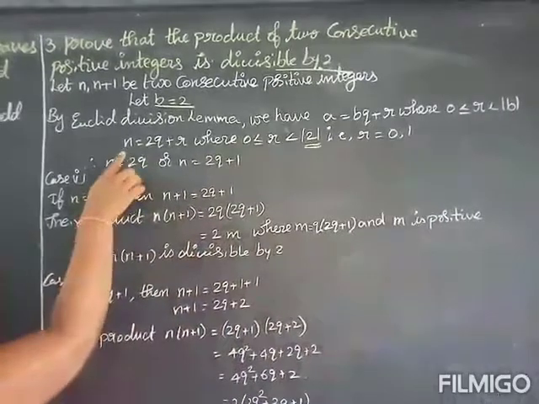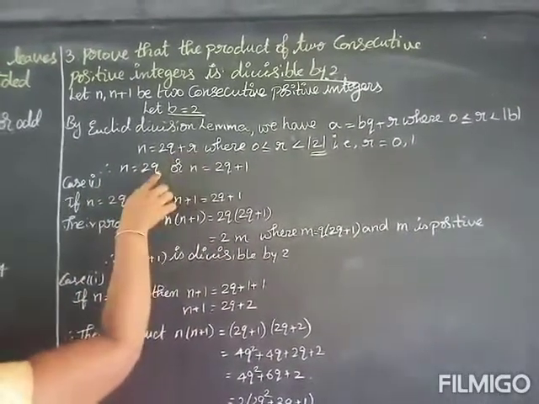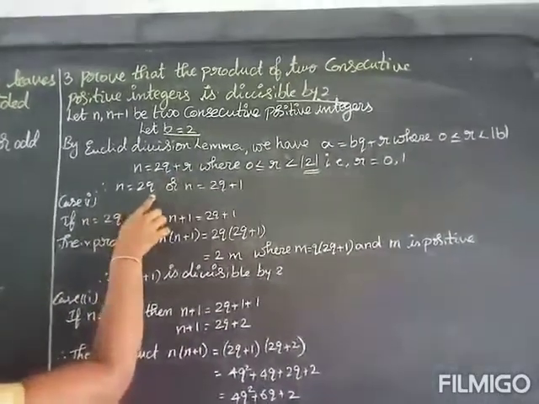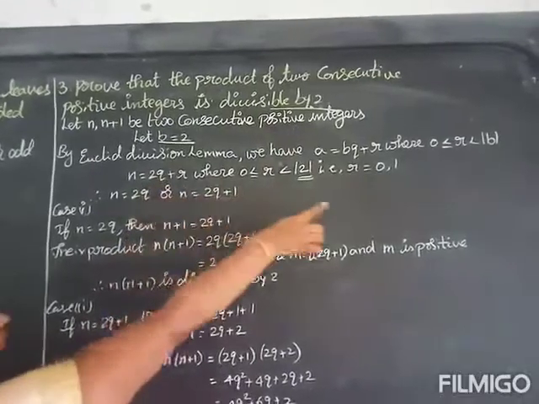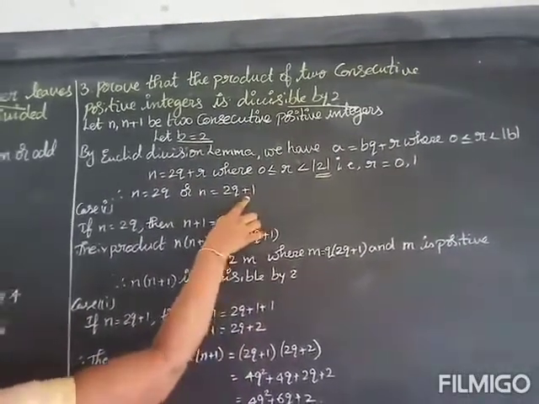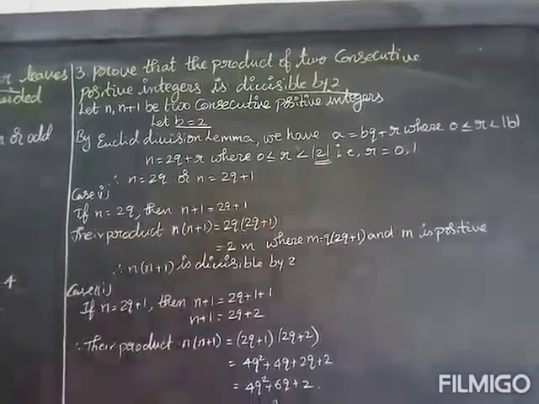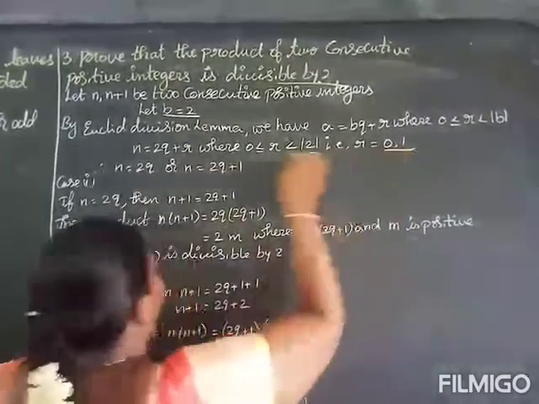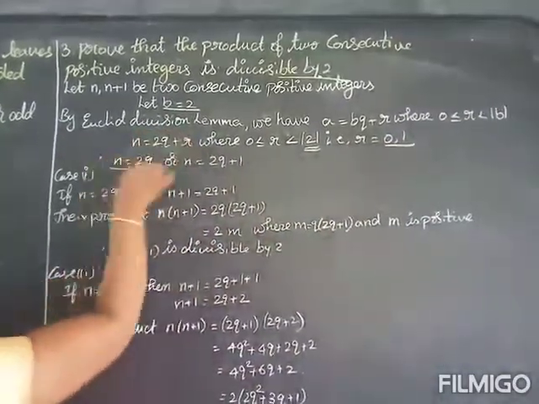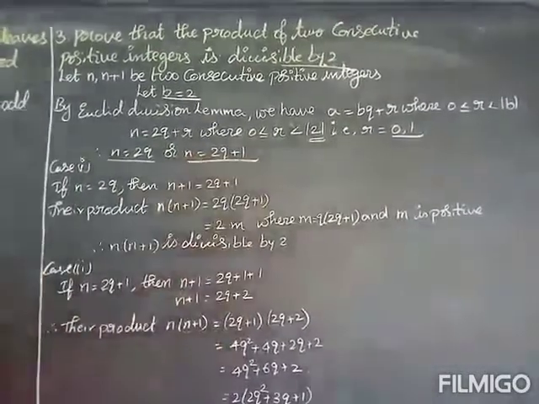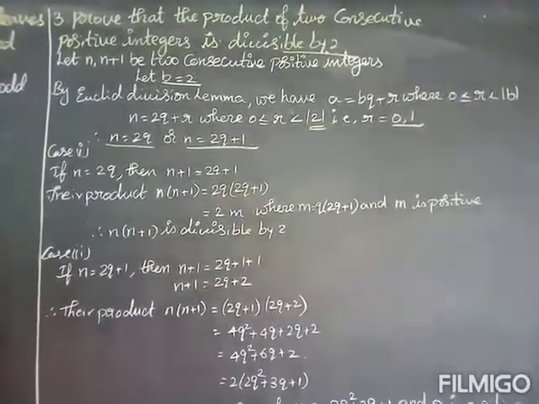So now I am writing n = 2q + 0, which gives n = 2q. Then with remainder 1, n = 2q + 1. Substituting the remainder values in this equation, I will get n = 2q or n = 2q + 1.